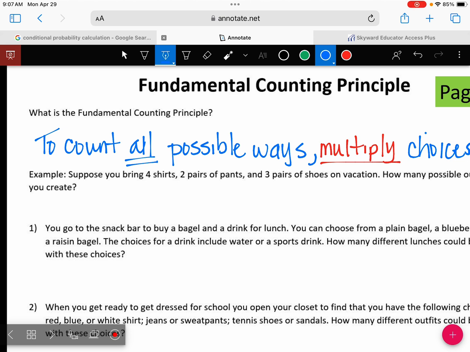So if you bring 4 shirts, 2 pairs of pants, and 3 pairs of shoes, how many possible outfits? Well, to figure that out, you simply multiply these numbers together. 4 times 2 times 3. Go ahead and see what you get.